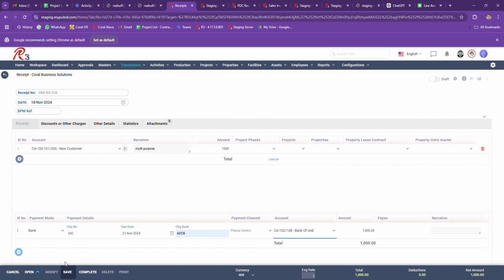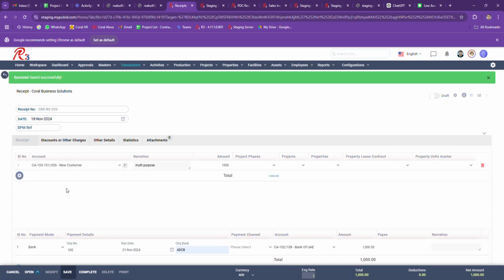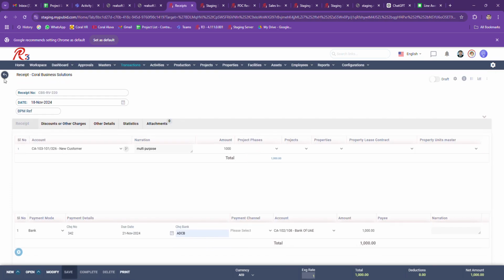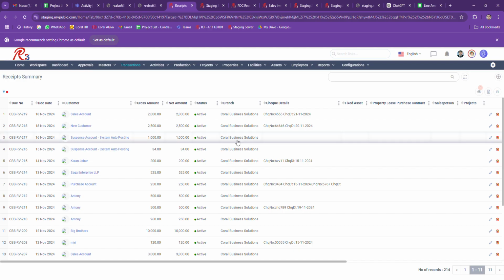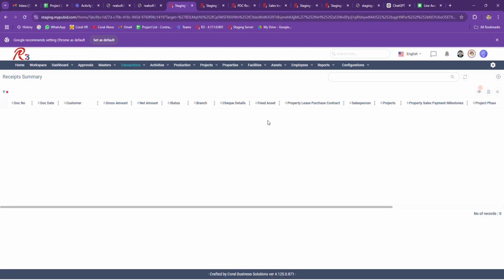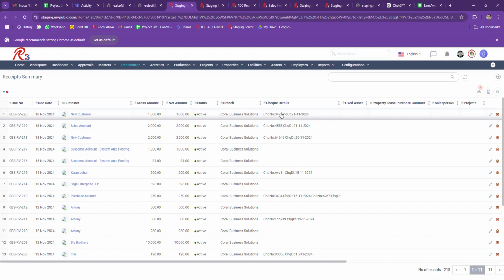So we are going to save this one. Here if you refresh, you can see the check number is 342, right? Check number is 342.